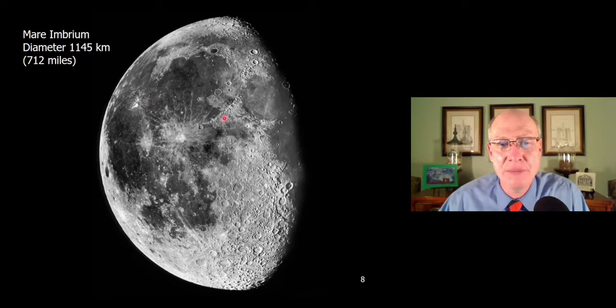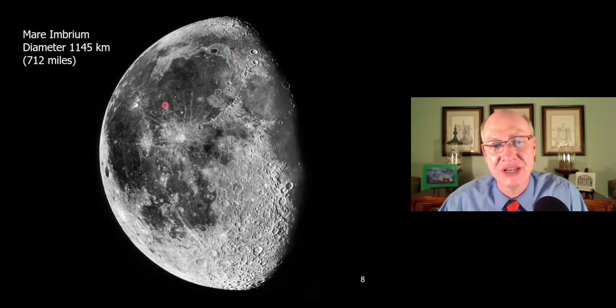Mare Imbrium is a round sea on the moon, and it is 712 miles in diameter. The rim of Mare Imbrium is marked by the Apennine Mountains right here, the Alps Mountains right there, and it is filled with lava that flowed in.